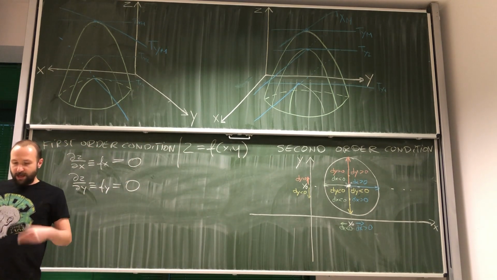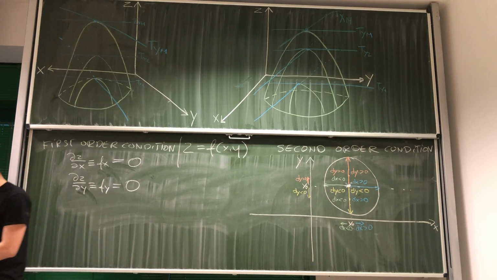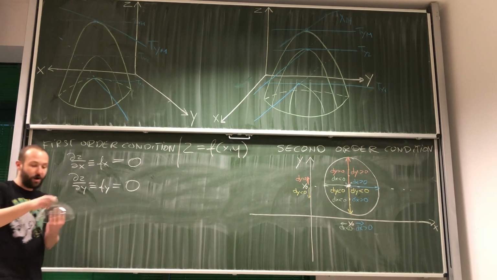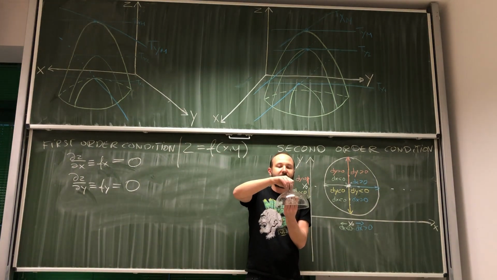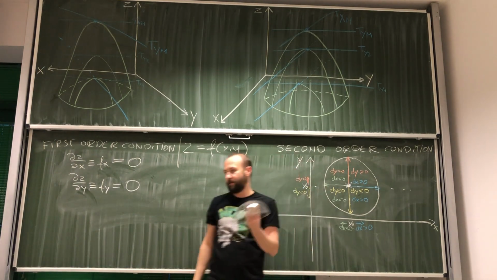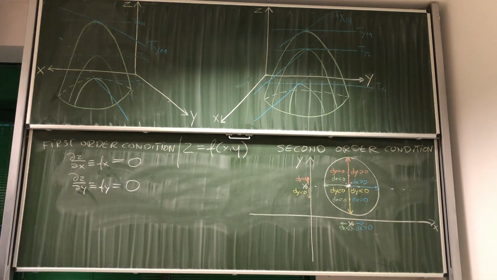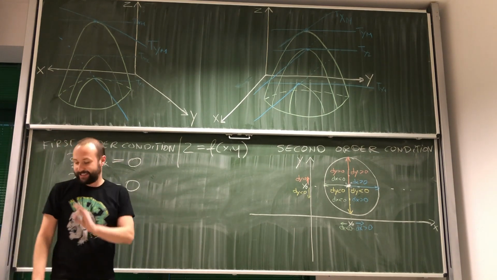And look, let's again see what happens when we are at the top of the ball. If we are at the top of the ball, it means that it doesn't matter in which direction I am moving, I should go down. But look, what should go down here? Not x, not y, z.